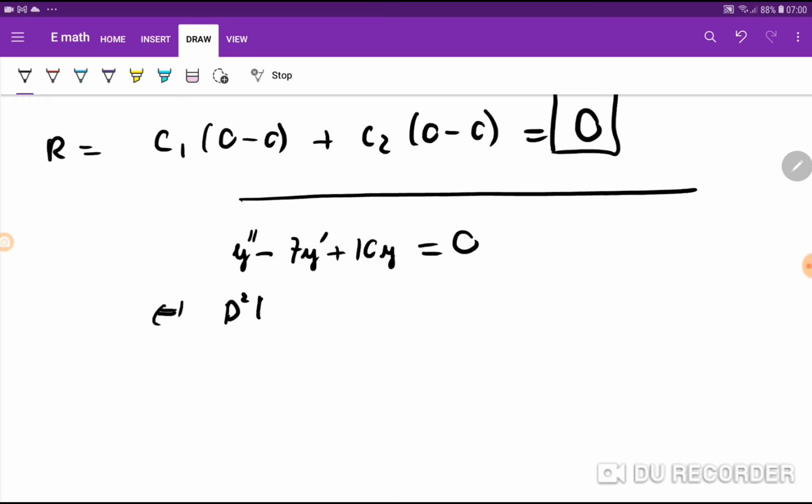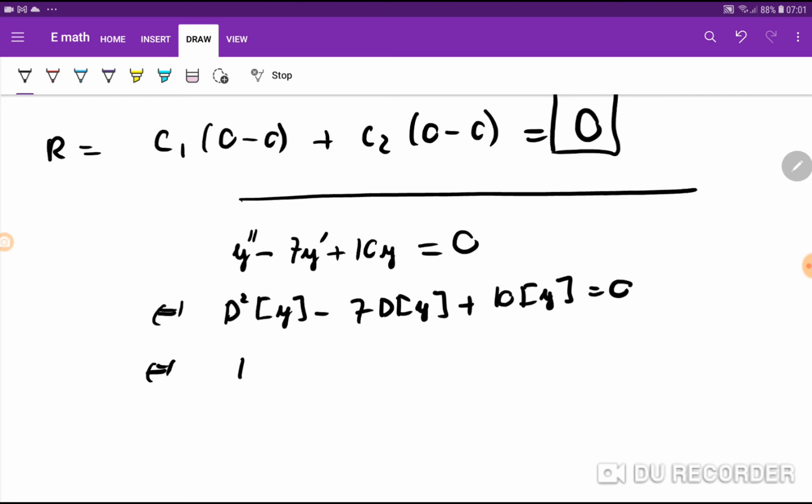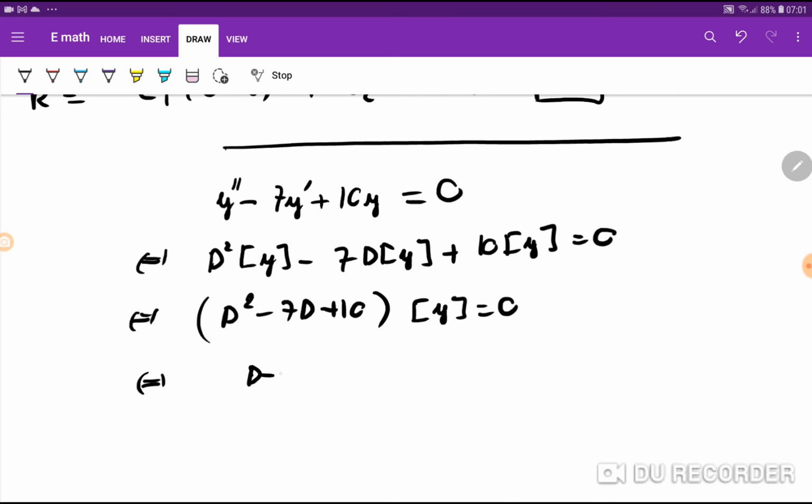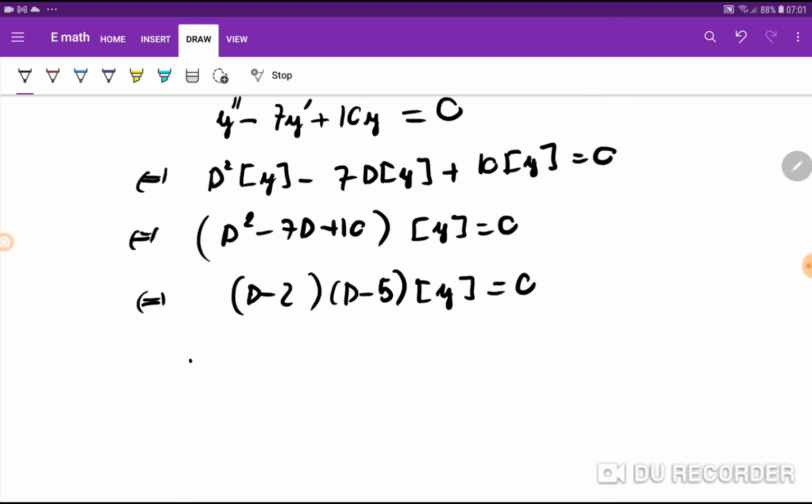First, you write it like this, equals 0, and then you factor it out. Oh god. This is (d minus 2)(d minus 5) y equals 0, right? Now you're gonna solve for this.